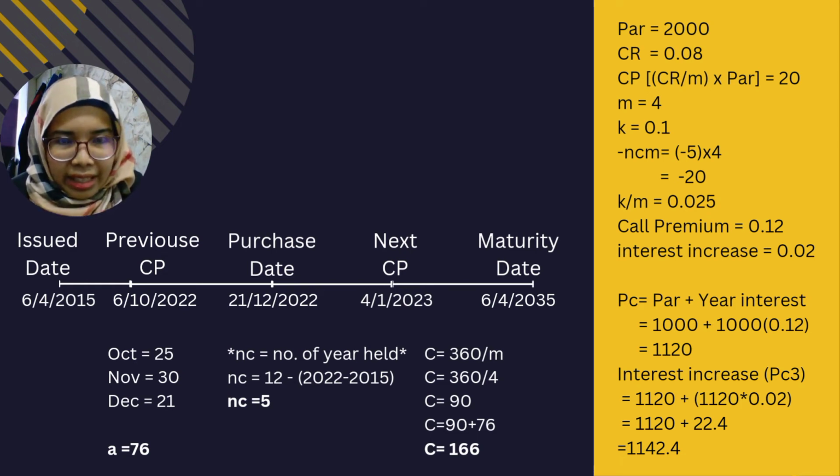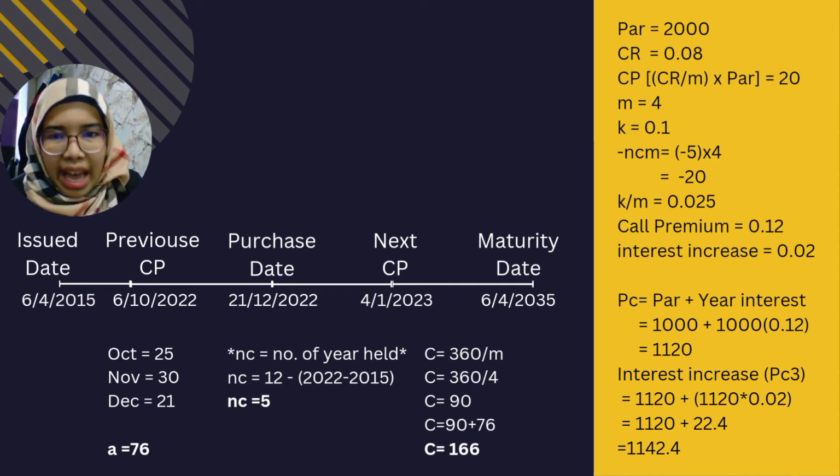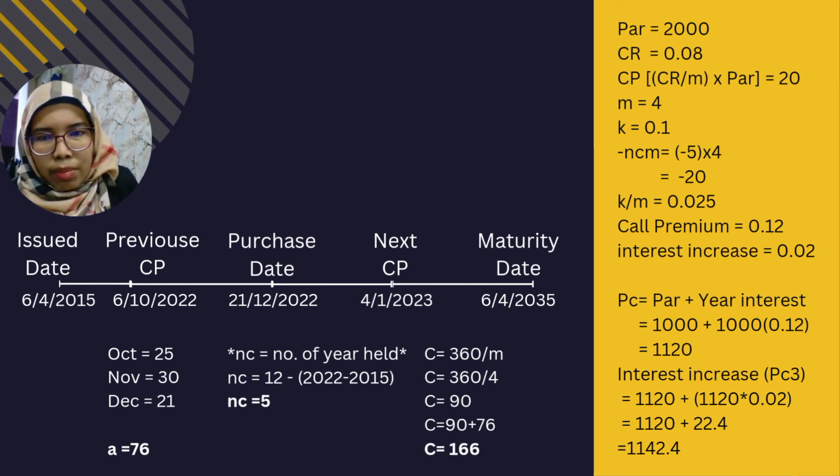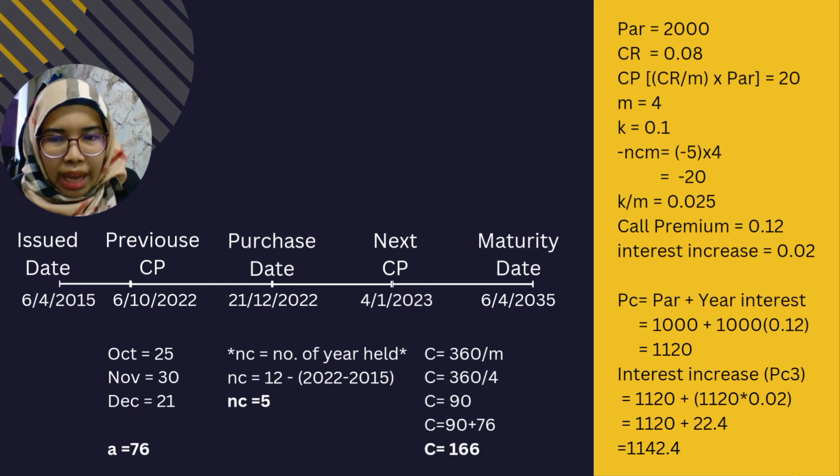So how do we get NC? NC is the number of years held. NC is equal to 12 minus the purchase date with issued date. So we got 5 here.